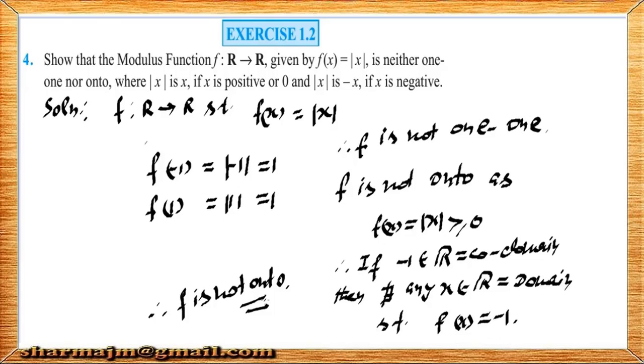यहां पर आप देखेंगे राइट साइड को कोडोमेन में नेगेटिव नंबर्स भी हैं, नेगेटिव रियल नंबर्स की प्री इमेज नहीं आएगी क्योंकि इस फंक्शन की जो रेंज है वो नॉन नेगेटिव है. सो रेंज इज ए सबसेट ऑफ कोडोमेन. So there are certain elements apart from the range.